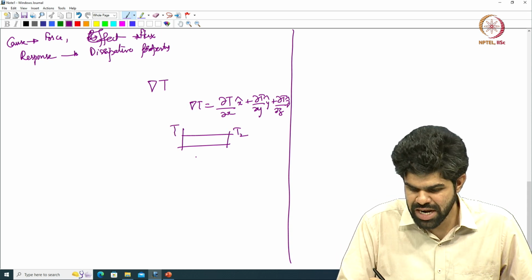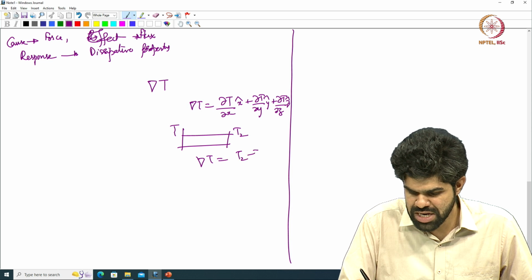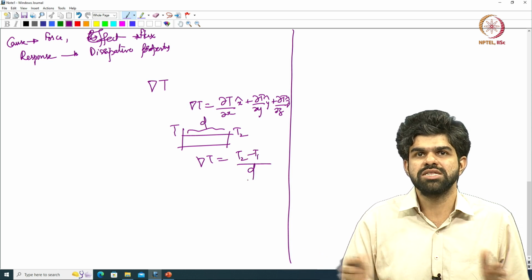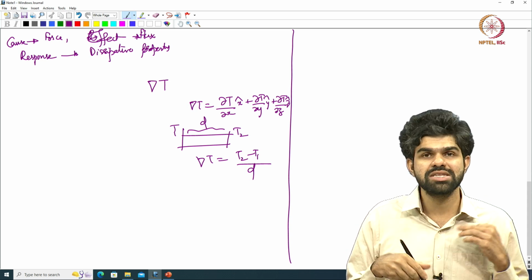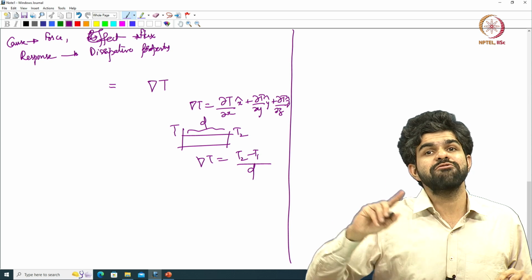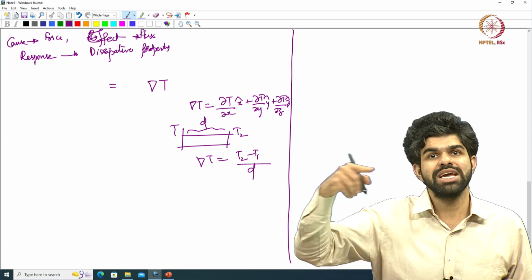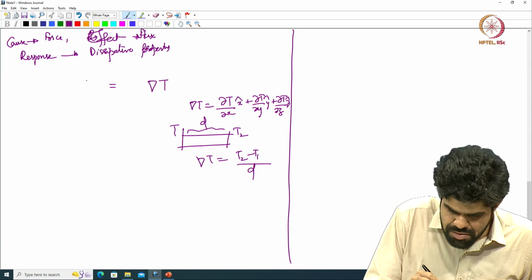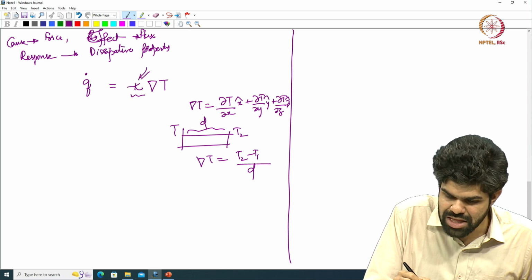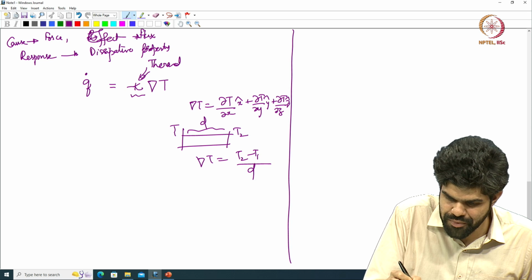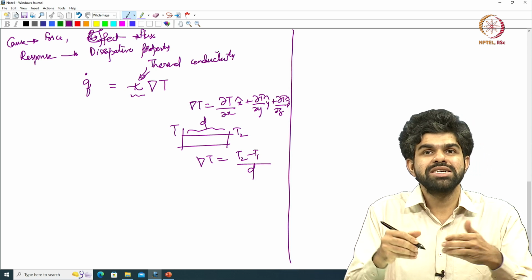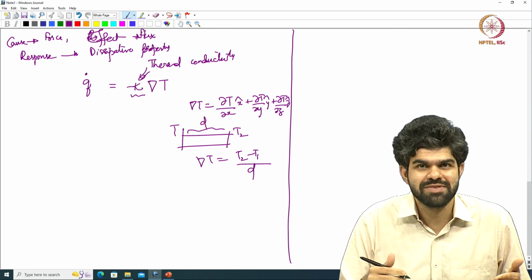In a linear case, the gradient is nothing but the temperature difference T2 minus T1 divided by the distance between these two ends. I have a gradient of temperature and I am going to create a flux of heat, a heat flow, which I am going to write as Q dot. These two are related by a thermal conductivity, again a dissipative property.